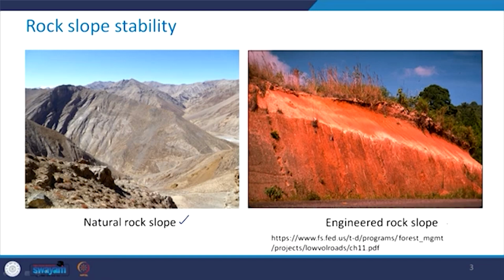And this one is an engineered rock slope, where you can see that a road is there in this portion and this slope has been cut in order to create the space for it. So, this is what we call the engineered rock slope, and this is the natural rock slope.